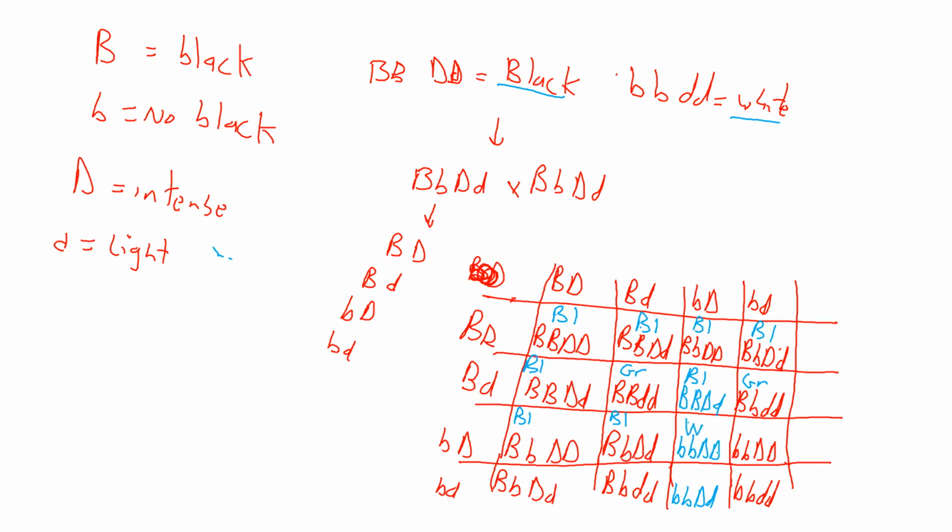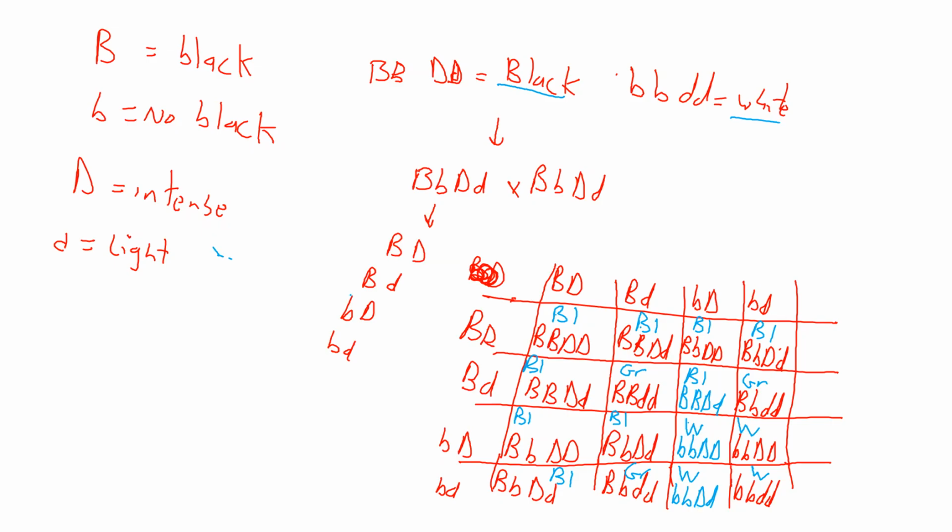Can't be gray, you have to be white. And the next one here, of course, is also going to be white. This fella down here is black. This one here, two small d's, but it has a capital B, so they're gray. This one here, two small b's, so they're automatically white. And the last one is also automatically white, okay?